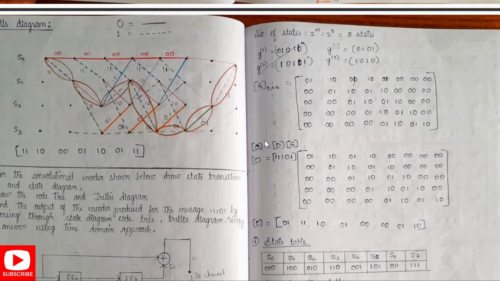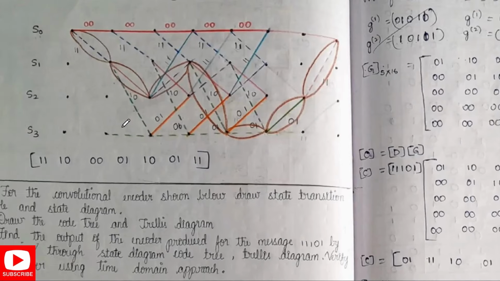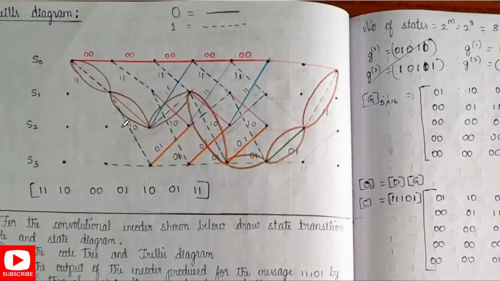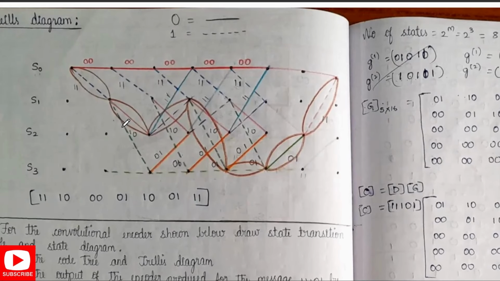Next comes the Trellis diagram. Firstly, you have to start with the part we are having. The input given to us is 1, 0, 1, 1, 1, and then 0, 0, which we will consider next.